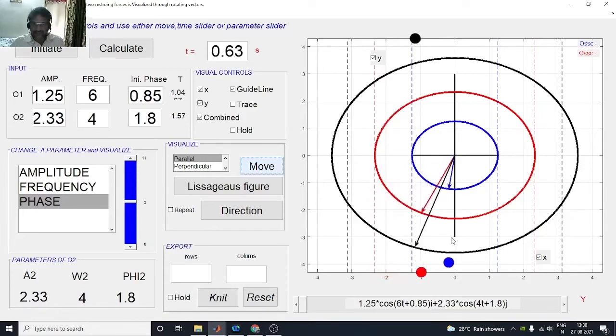Both in phase, the vector length was maximum, and vector length is changing as the angle between both vectors is changing. Now observe, they will be becoming out of phase. Yeah, now they are out of phase. So that was the minimum amplitude. Again it is increasing.